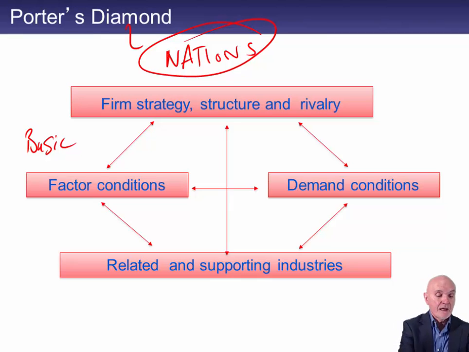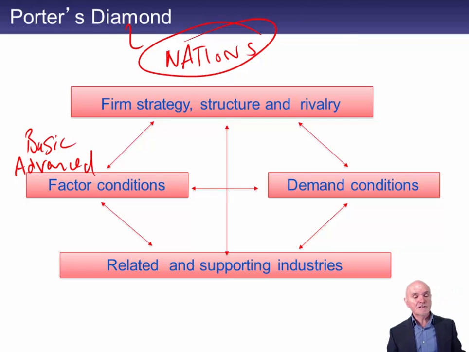You can also have advanced factor conditions. This is like infrastructure, your communications, your telecommunications, maybe the educational standards of your people. So Ireland, for example, has great advantages when you have American technological companies wanting to open in Europe. In Ireland, the first language is English.